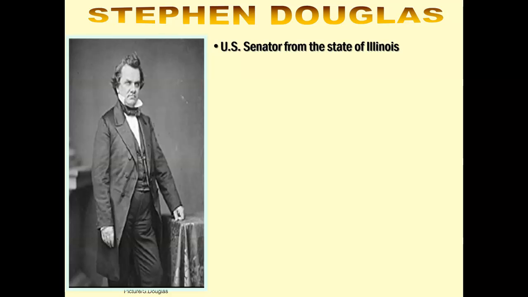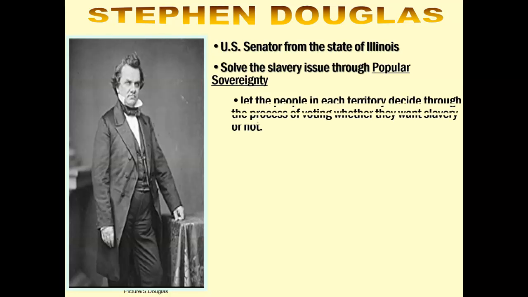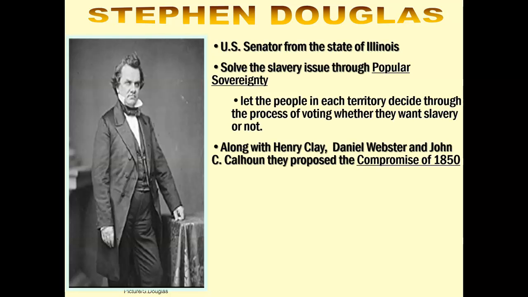Okay? Now, one of the architects and supporters of popular sovereignty is not only Lewis Cass, but also this guy. You need to get familiar with him. His name is Stephen A. Douglas. He is a senator from the state of Illinois.